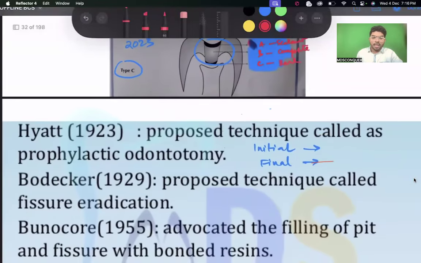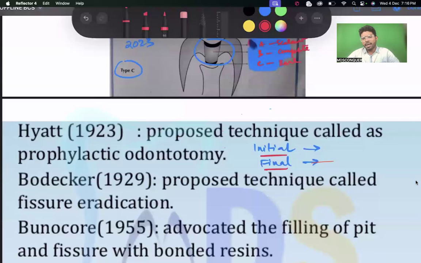So then I just want to jump into prophylactic odontotomy, which is given by Hayat. Basically, the concept is very simple: your first molars are more prone to dental caries, and if they are affected, we go for a restoration.